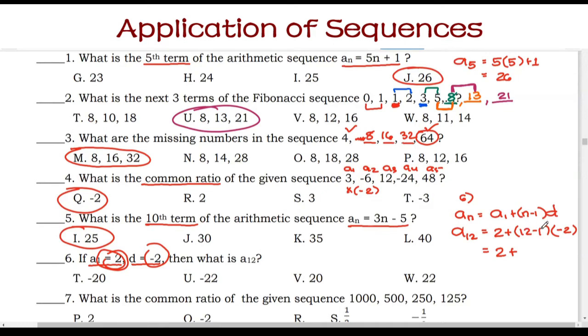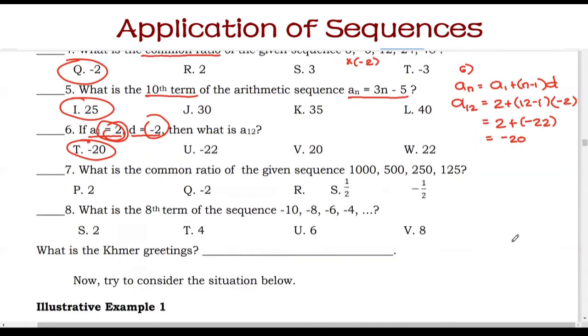It's 11. 11 times negative 2, we get negative 22. Okay? And then finally, what is 2 plus a negative 22? We get negative 20. Okay? And that is this one. All right?